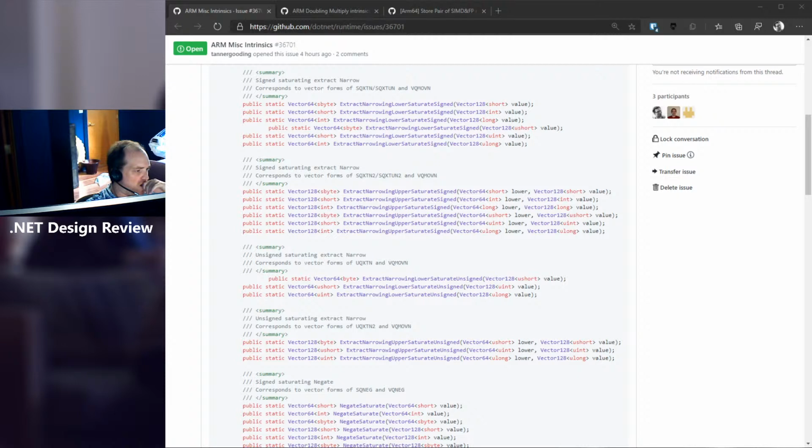It looks like we need extract narrowing saturate, and extract narrowing saturate unsigned. The first one should operate on both types and correspond to the input type. Operating on unsigned, it will return the unsigned max value. Operating on signed, it will return the signed max. Saturate unsigned returns the corresponding unsigned max value.